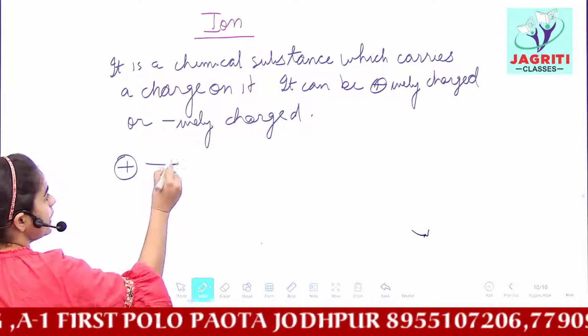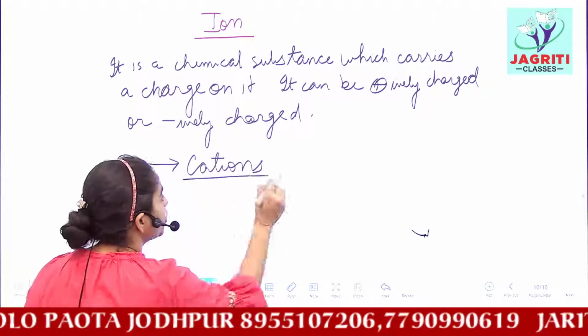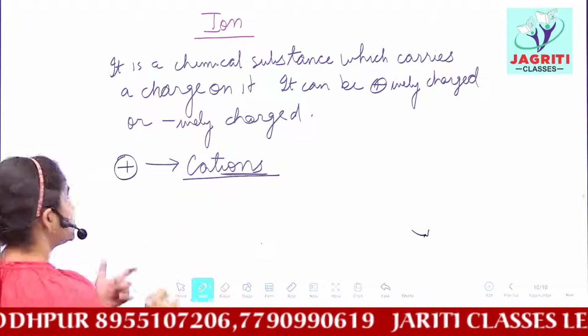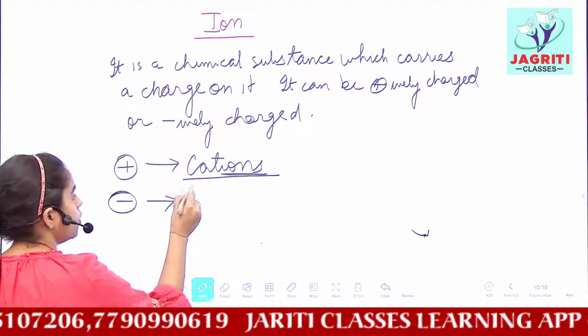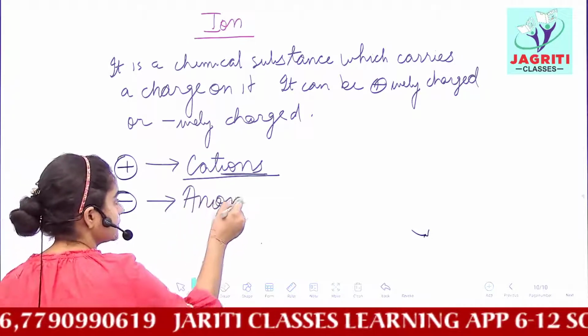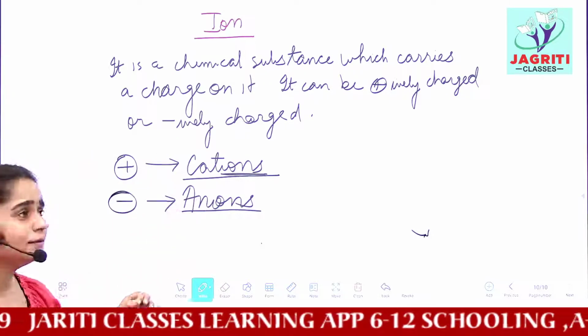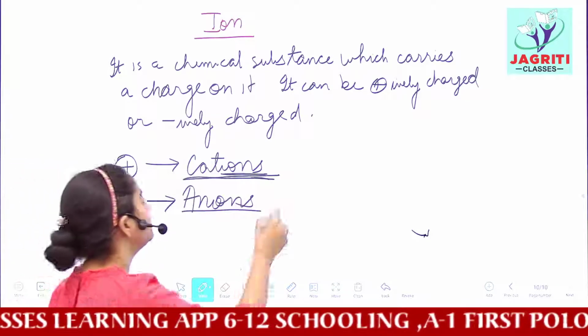Positively charged ions are called cations. Remember this word. What do you mean by cation? A cation is a type of ion which has a positive charge on it, and the negatively charged ions are called anions. Some students get confused and do not remember whether cations means positive or negative. So I have a simple trick for you.